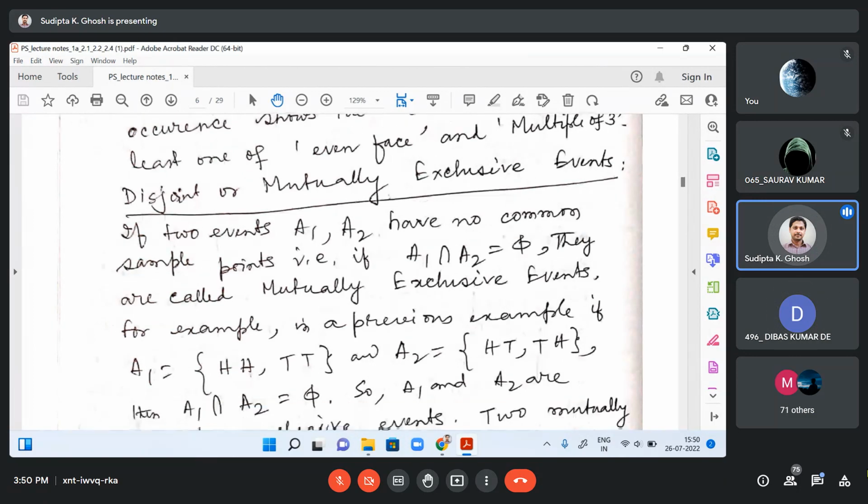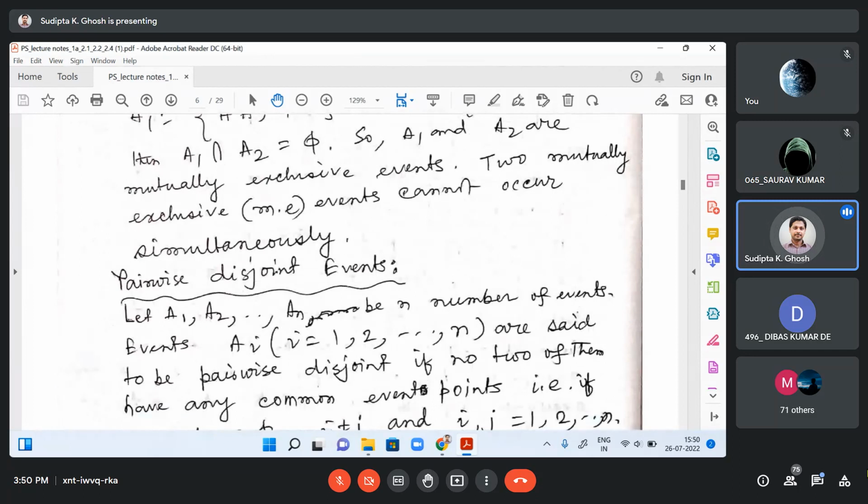But whenever we are dealing with pairwise disjoint events, the number is more than 2, meaning A1, A2 up to AN. Is it fine for everyone, students? When we are dealing with more than 2, then it becomes pairwise disjoint events actually.